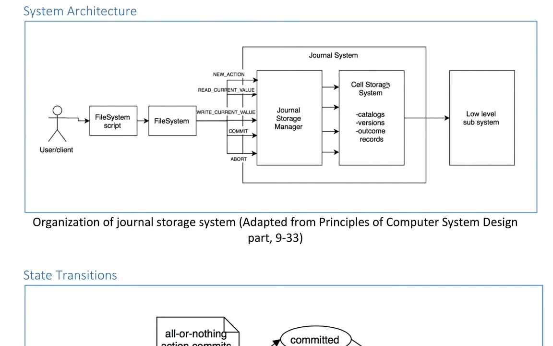The cell storage system would implement the various calls on the low level subsystem, which include the write, the system write, system read, alloc, and dealloc to receive and free memory in the heap, respectively. Apart from that, the cell storage system also catalogs versions and stores outcome records.